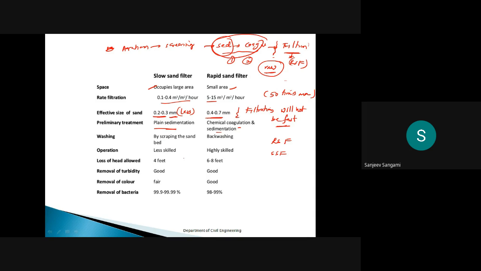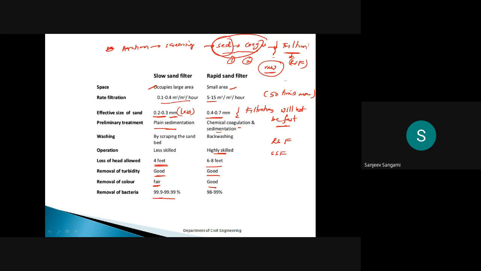Operation is less skilled here, while a highly skilled operational person is required there. Loss of head is 4 feet here, and here it is 6 to 8 feet. The removal of turbidity is good, it is also good. Removal of color is fair, and good there.